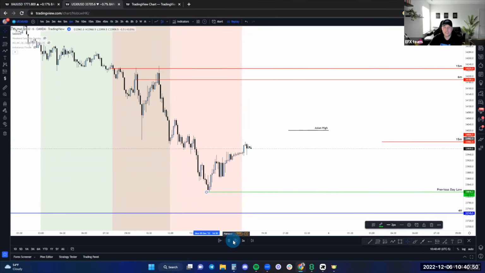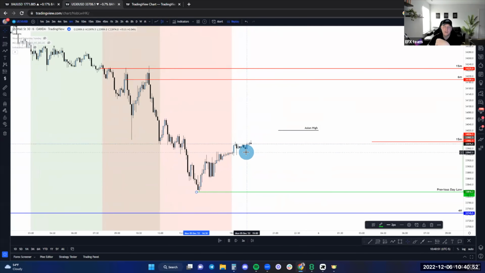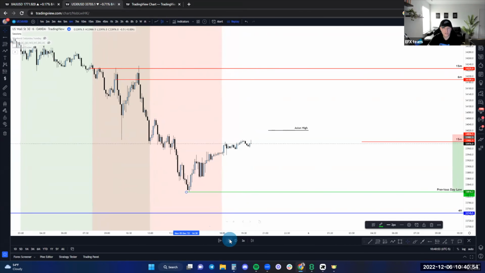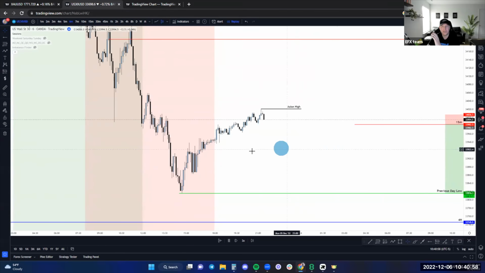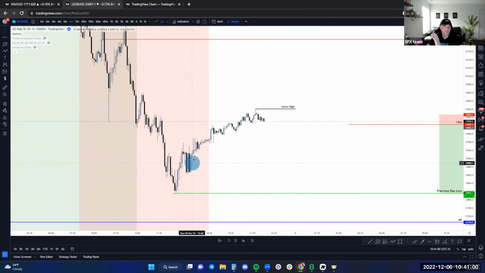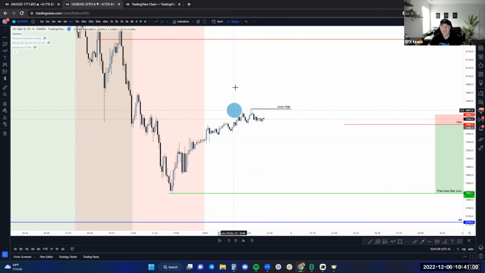We come into Asian session. Especially for a pair like US30, that's typically where price isn't really doing much. It's consolidating. You can see here it's more or less just pulling back. Very small candles, not really doing much. We established the Asian high.